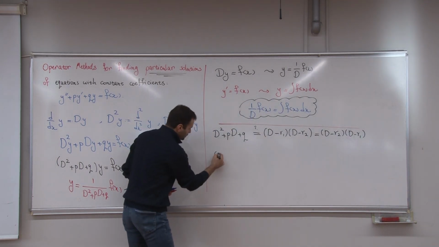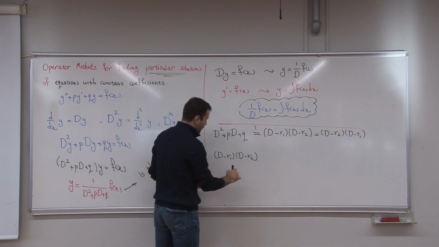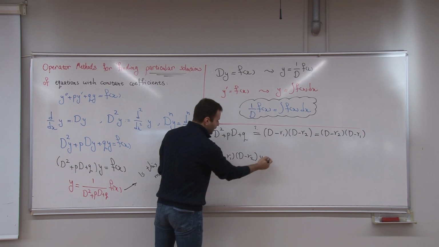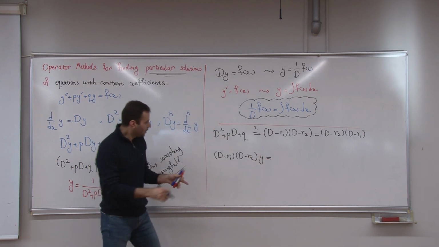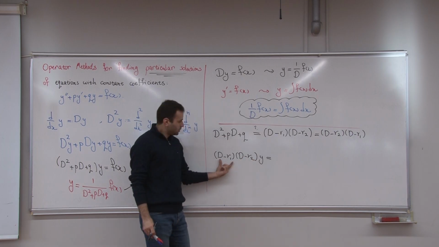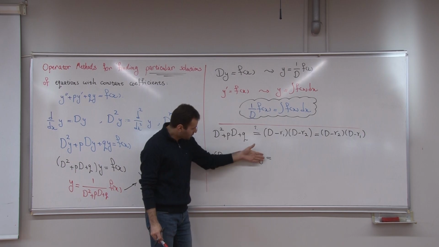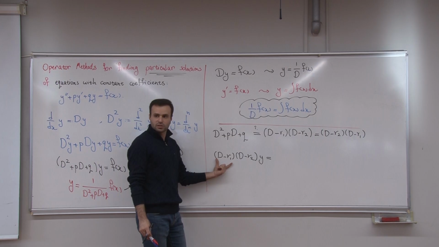What is D minus r1, D minus r2 when applied to a function y? This is an operator. This is another operator. This operator is being operated on this function. The result is another function, that is being fed to this operator.